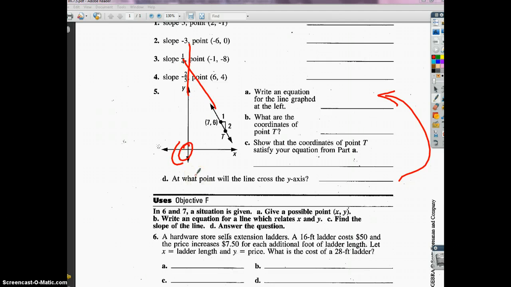So when you plug in your equation, you're going to have y equals whatever you have found for slope times 0 plus whatever b is. Okay, so it's pretty much what b is. So you've got a point, you know it's going to be 0, and then whatever you found for b.